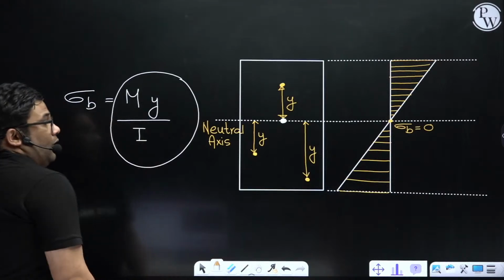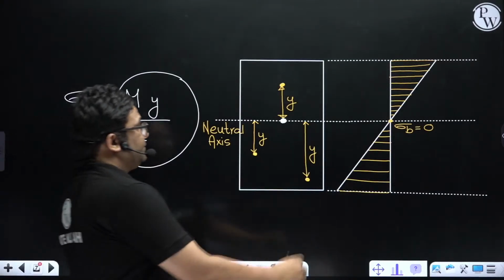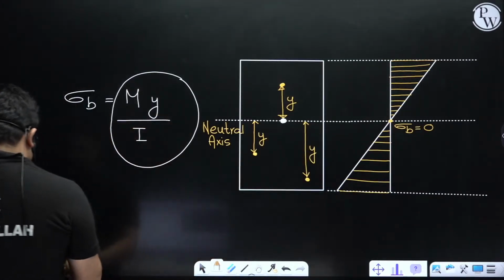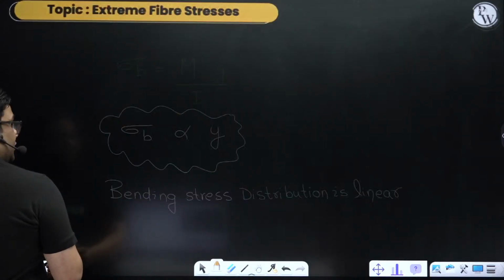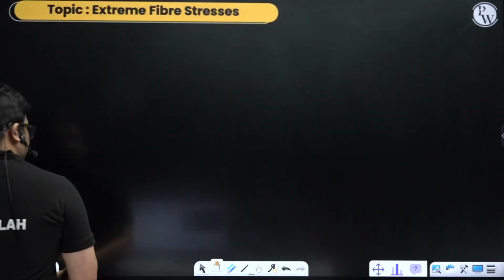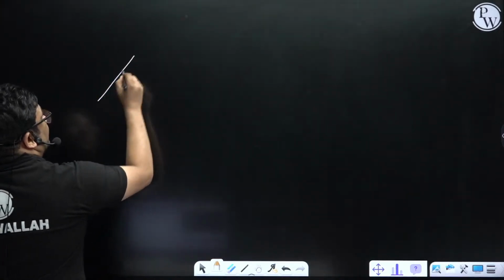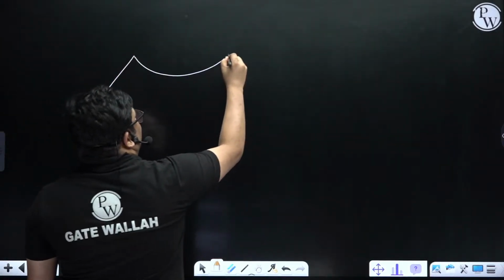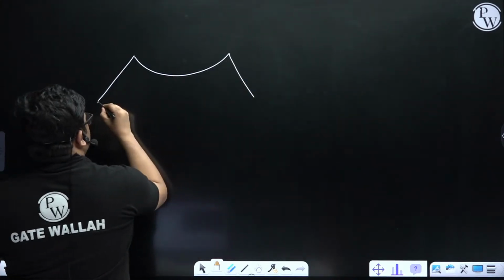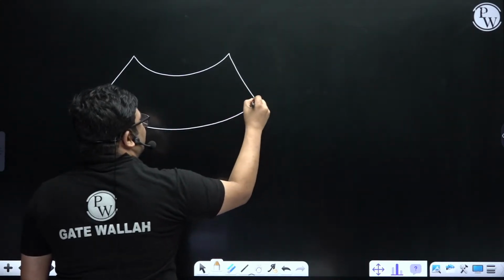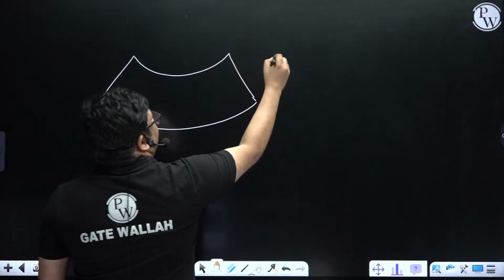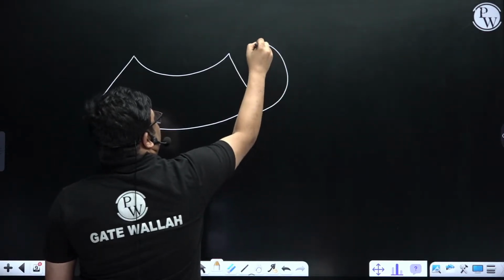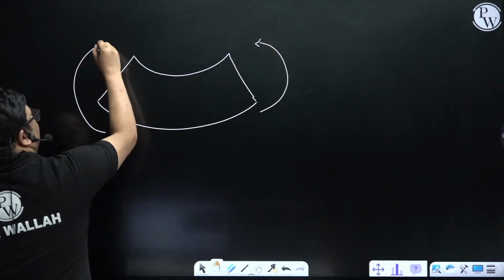Also, we saw that the sign is different. Suppose bending is happening like this. If it is a positive bending moment, then the beam is going to be bending like this. We call that sagging.